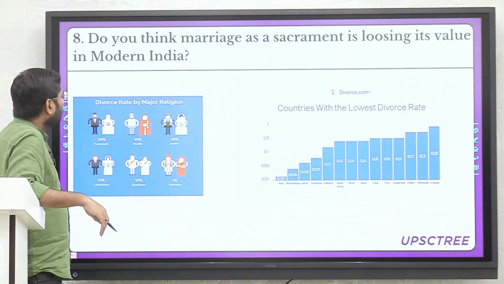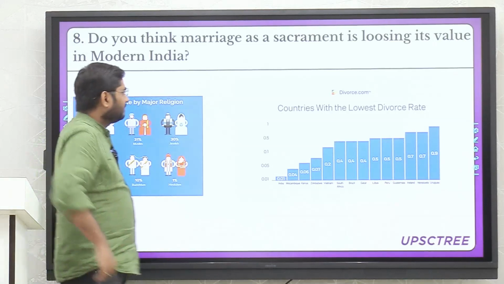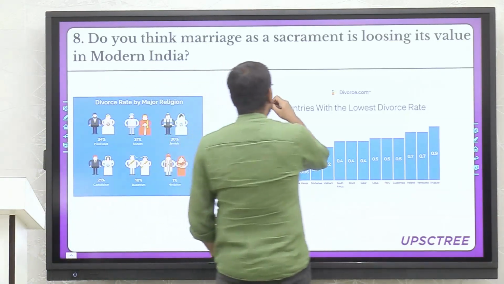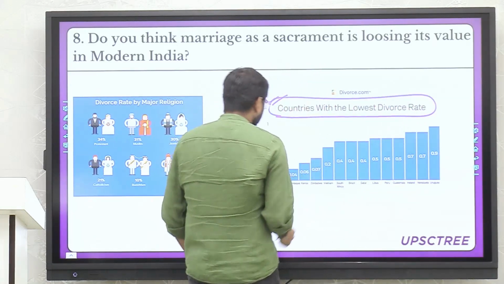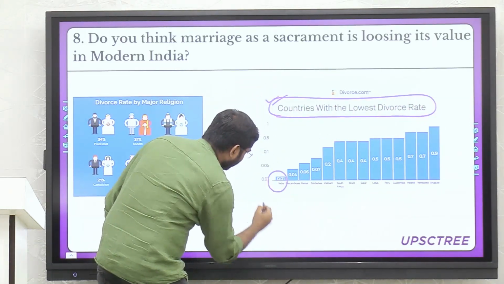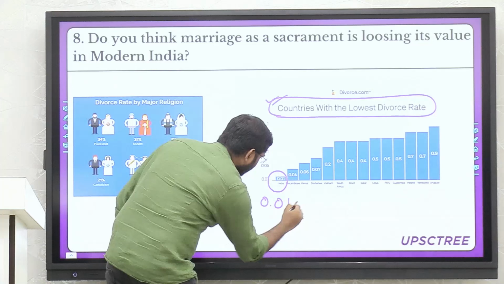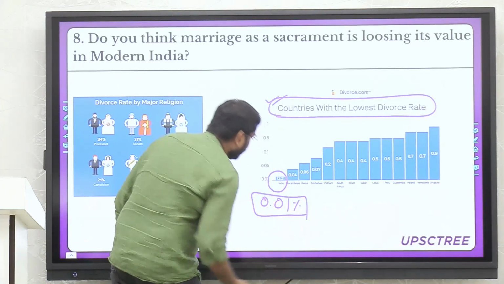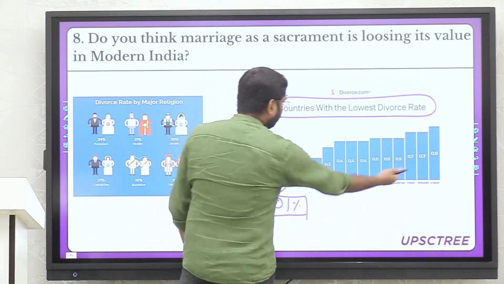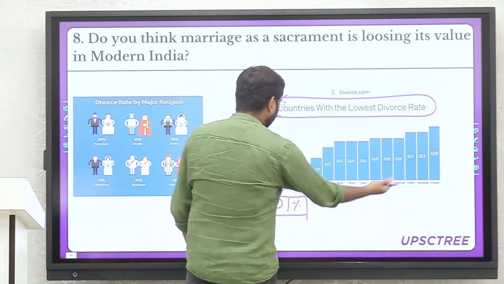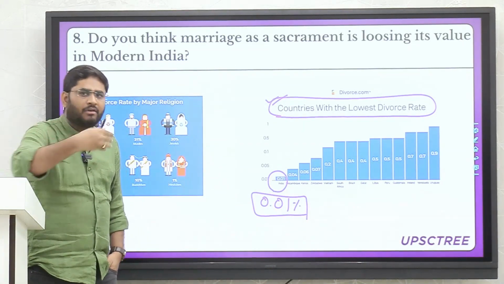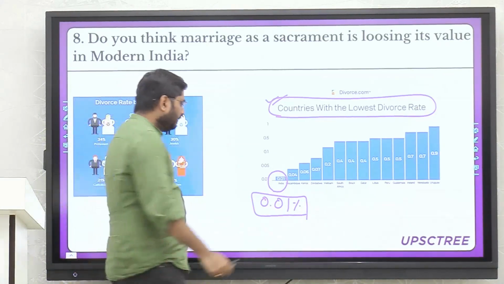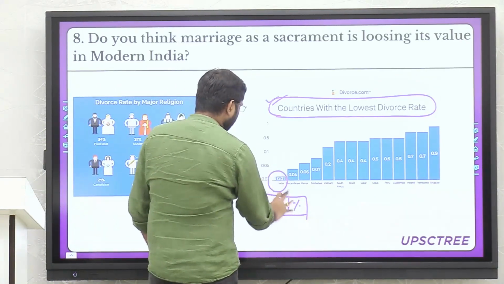Let me show you some interesting statistics. If you look at the data sets, countries with the lowest divorce rate, India is the one. India यहाँ पे है. The divorce rate in India is 0.01%. If you compare with other countries, other countries तो बहुत ज़्यादा ही है. If you look at modern advanced countries, the divorce rate is very high. But in India, it is very low.